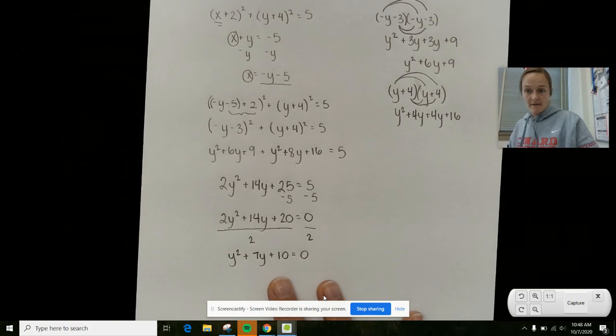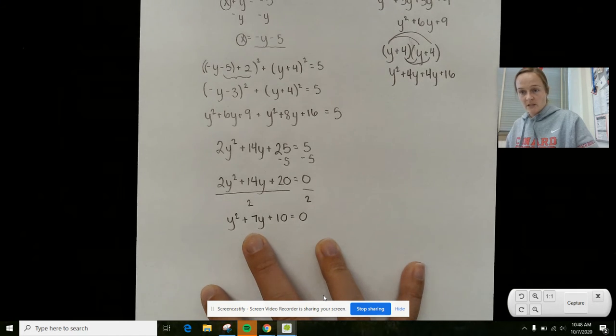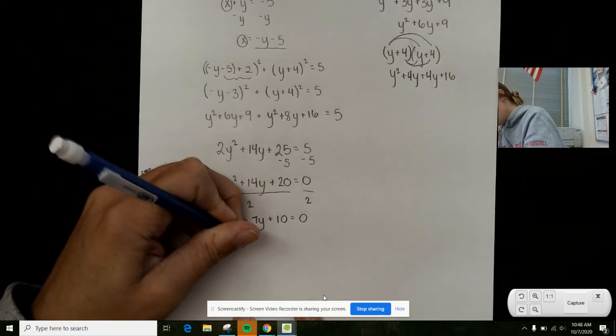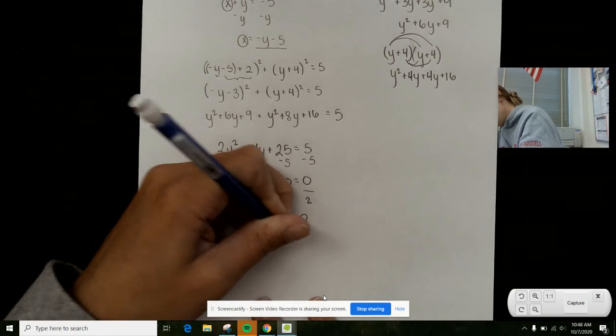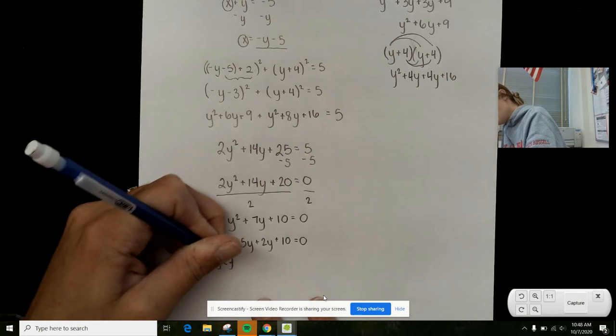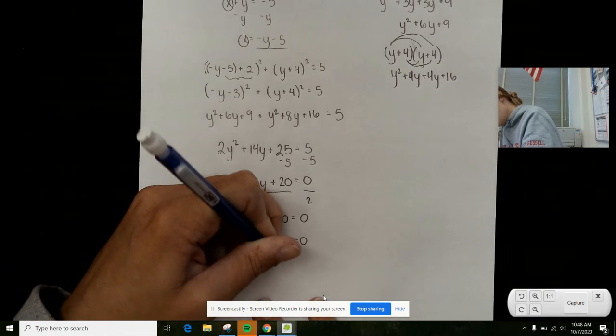If I factor, the numbers that multiply to 10 and add to 7 are 5 and 2. So I've got y squared plus 5y plus 2y plus 10 equals 0. Take out a y times y plus 5. Take out a 2 times y plus 5.